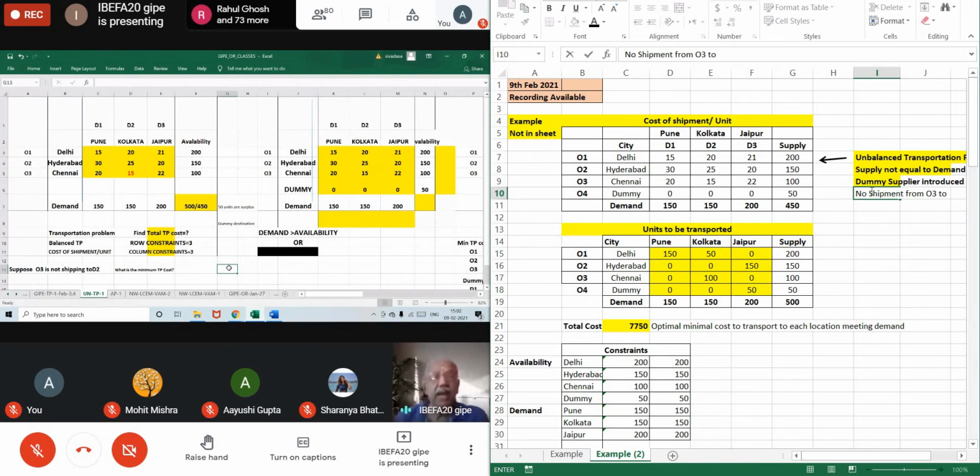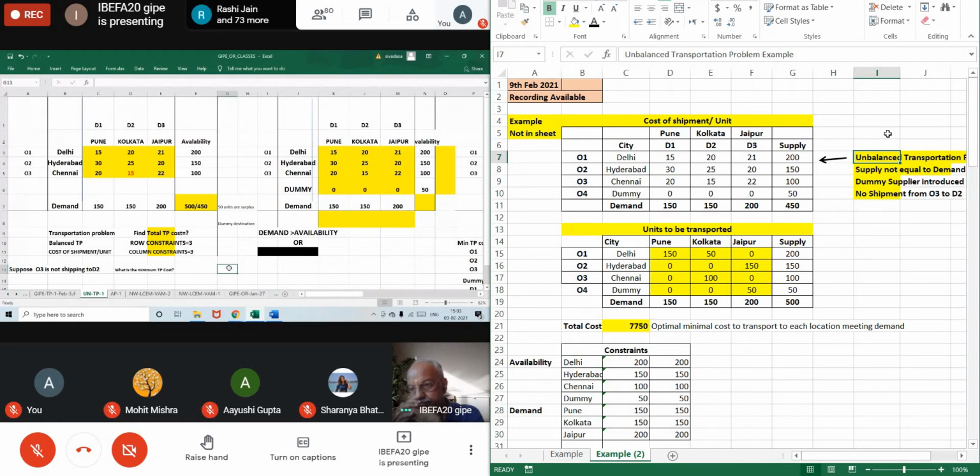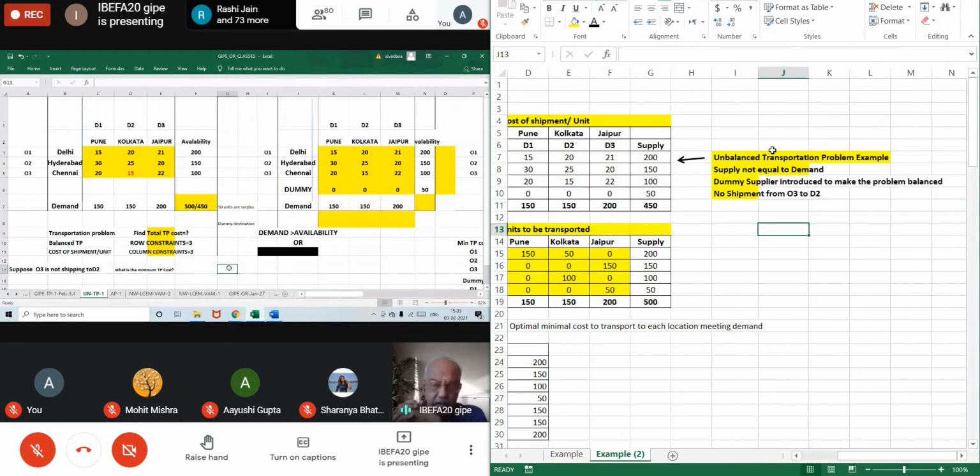Possibly, I can get allocation there, but I don't want. So this is a conditional transportation problem. No matter the TP is balanced or unbalanced, this is a conditional TP.